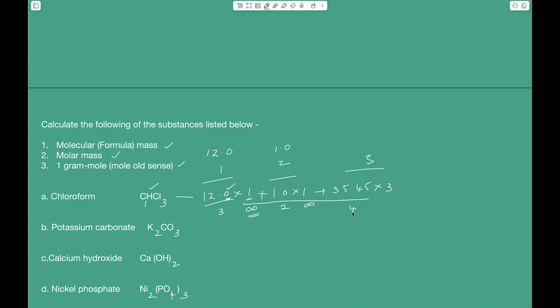This has 4 significant figures, this an infinite number of significant figures, the result must have 4 significant figures, but the result is 106.35 that has 5 significant figures.